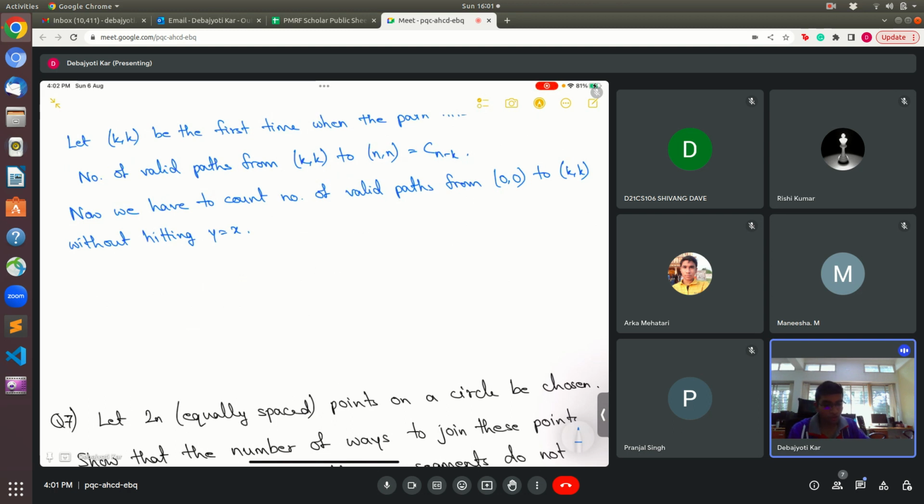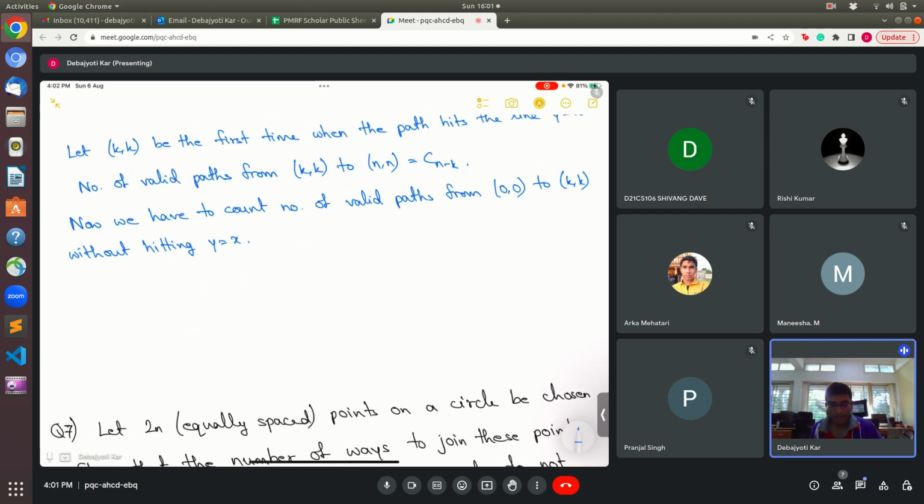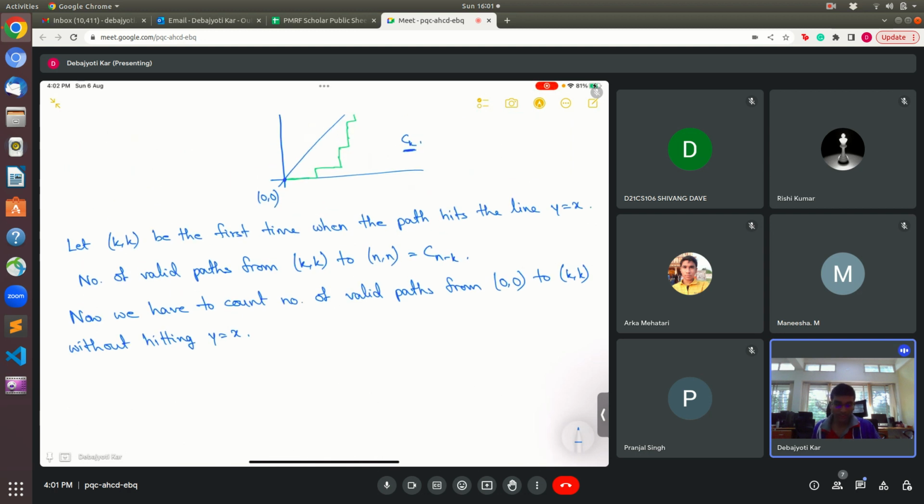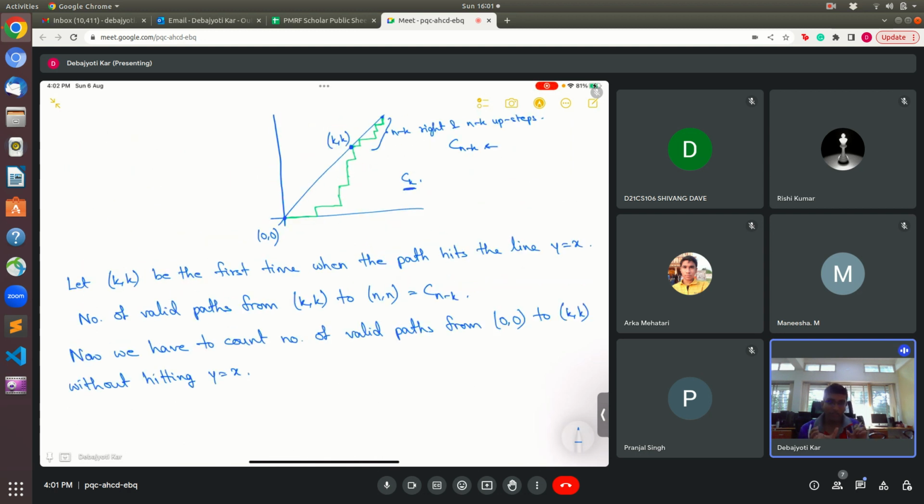Therefore the answer is not C_k, because when defining C_k, you are allowed to touch the y equal to x line multiple times.